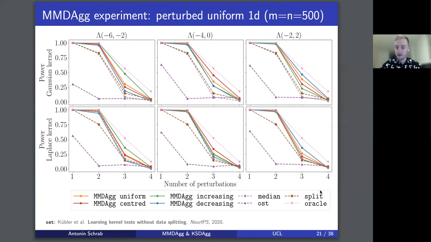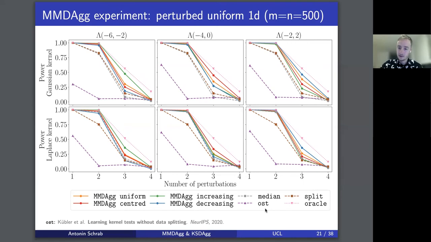So the split will use 250 to select the bandwidth and 250 to run the test, while the oracle will have access to 500 more samples, and it will choose an optimal bandwidth on those 500 more samples, and will then run the test with that optimal bandwidth on the original 500 samples.